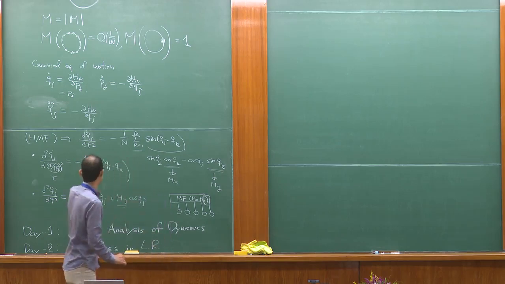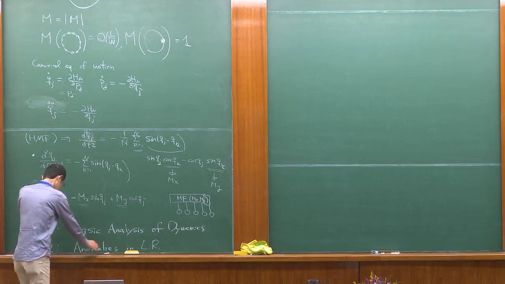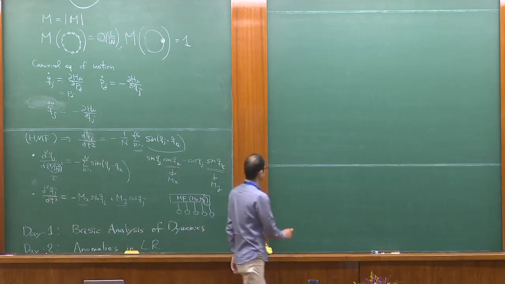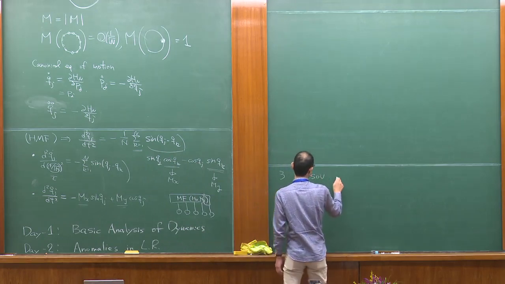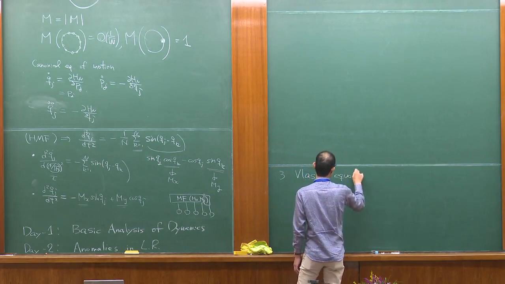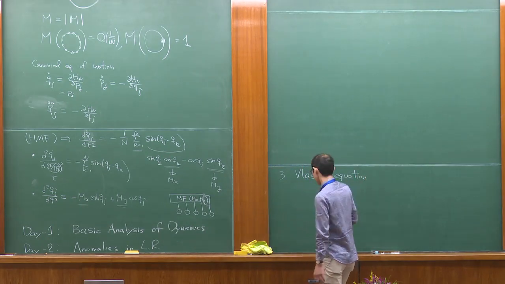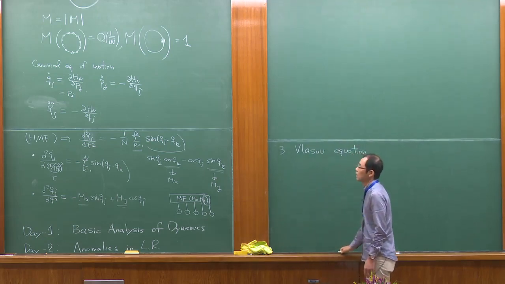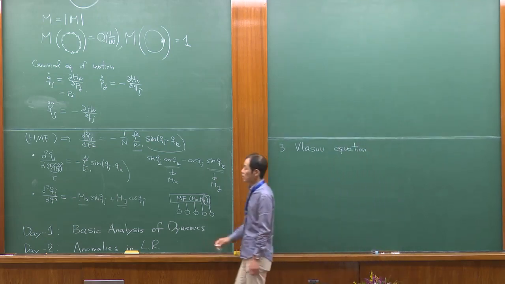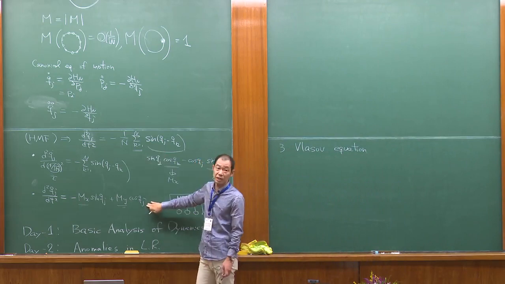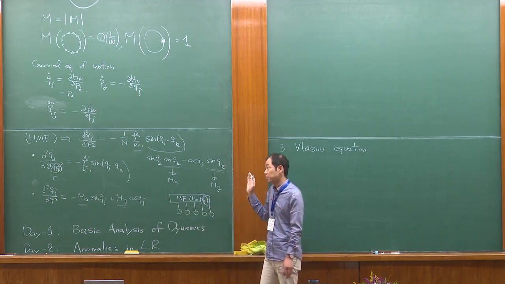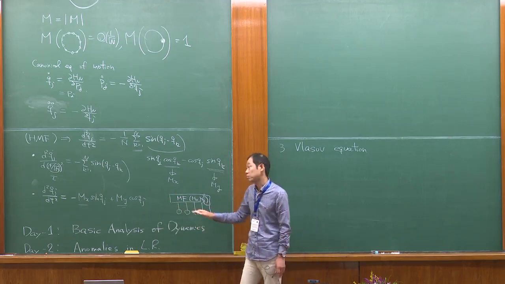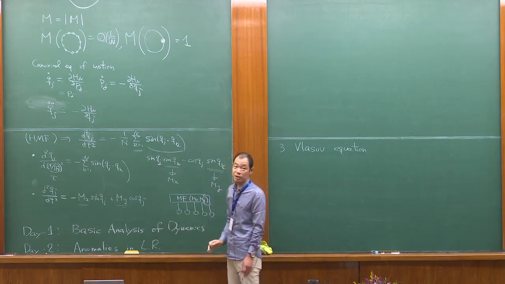And then for this model, I introduce the Vlasov equation. So now we have this kind of ODE of n particles, and it seems very difficult to analyze this n-body system.